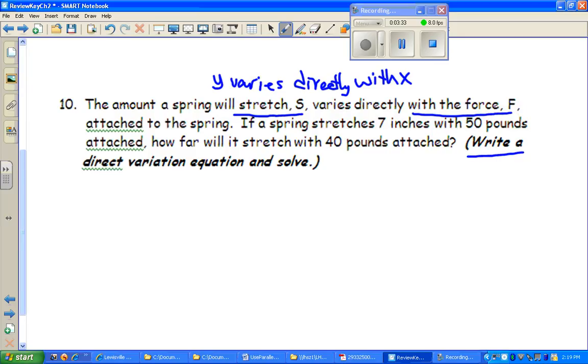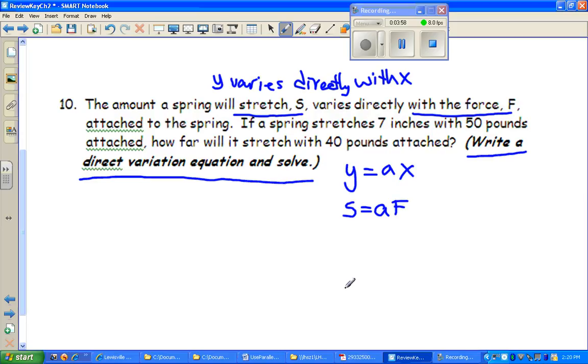Notice that they have a little hint here: write a direct variation equation and solve. So hopefully you're realizing that the format needs to be like y equals ax. In this situation, since we know that the stretch varies directly, the y is the s, the stretch, and then a times the force applied to the weight.